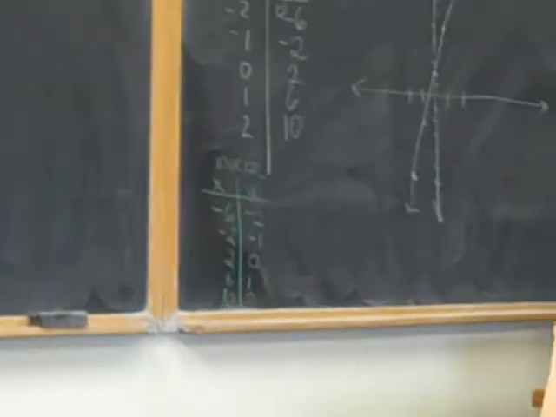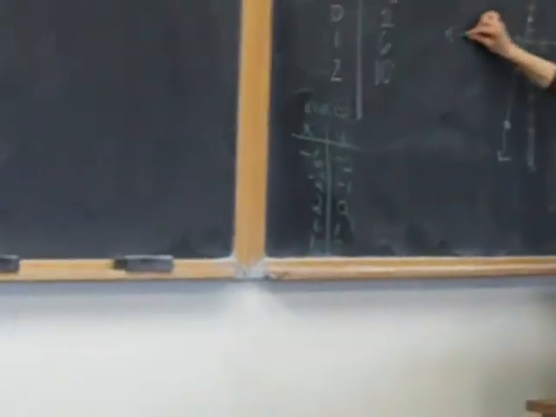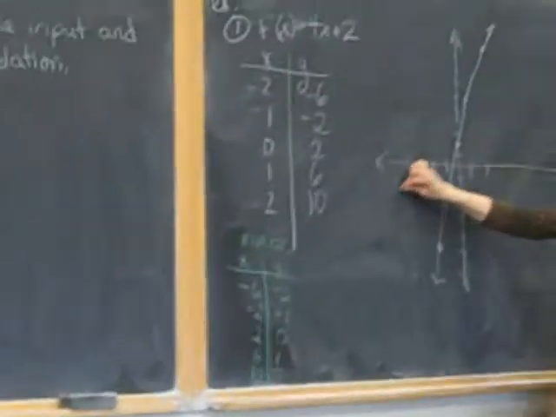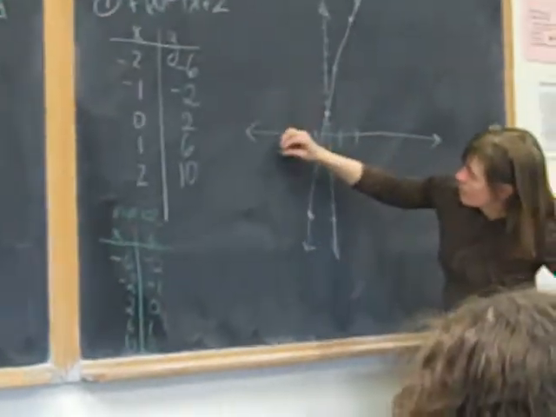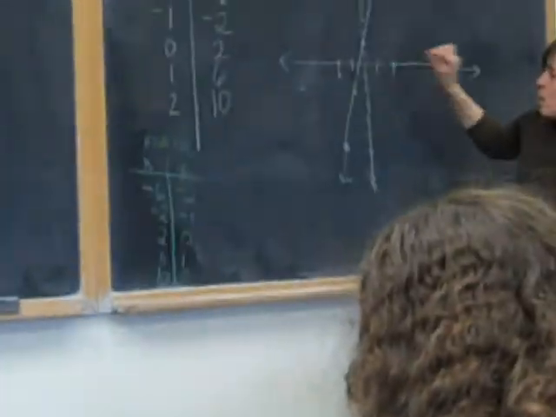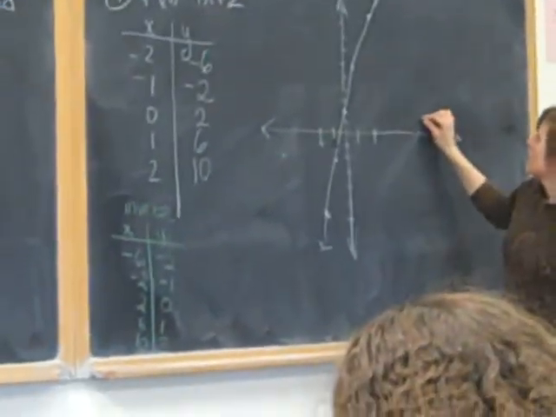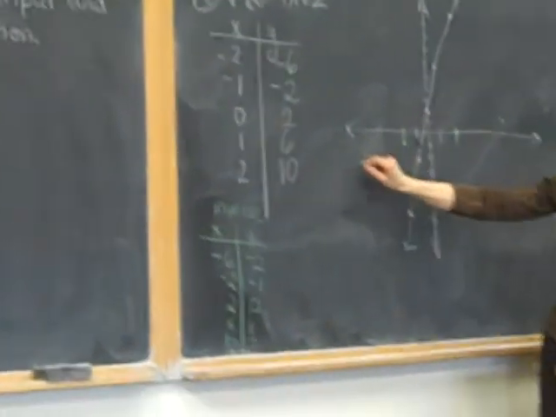So then if we go to plot our new points, -6, -2, -2, -1, 2, 0, 6, 1, and 10, 2.